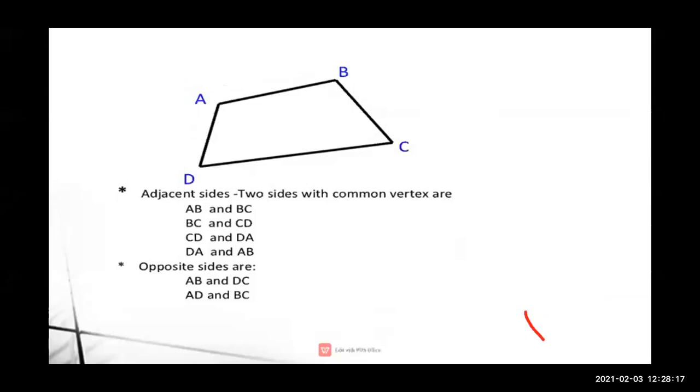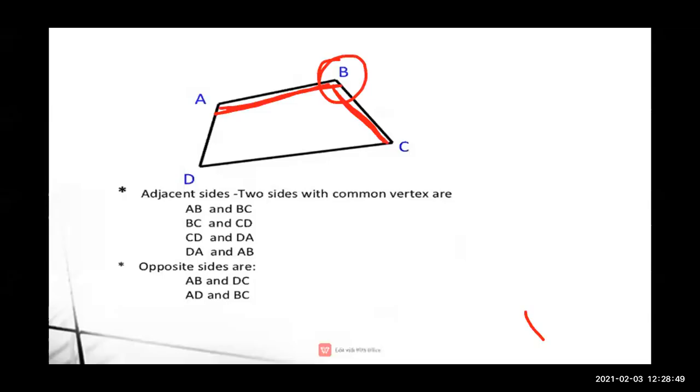We have to find out the adjacent sides. First, AB. AB's adjacent side is BC. Why? Because what is common? Their common is B. So the first adjacent sides we got are AB, BC, or BA, BC.